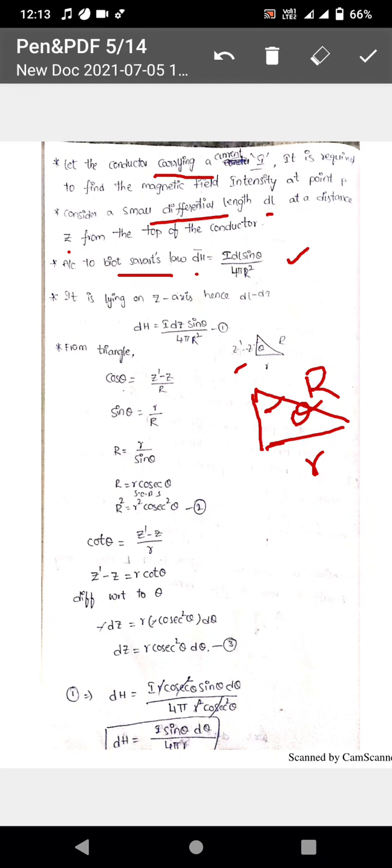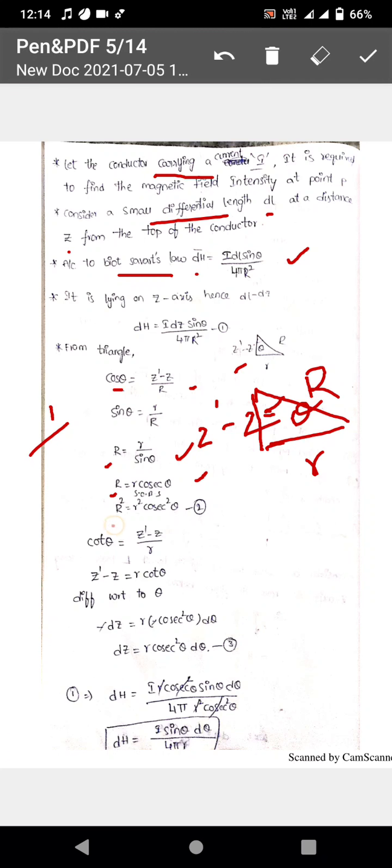From this triangle, cos theta equals adjacent side by hypotenuse, which is z minus z dash by R. Sin theta equals small r by capital R, therefore capital R equals r by sin theta, which is r cosecant theta, since 1 by sin theta is cosecant theta.